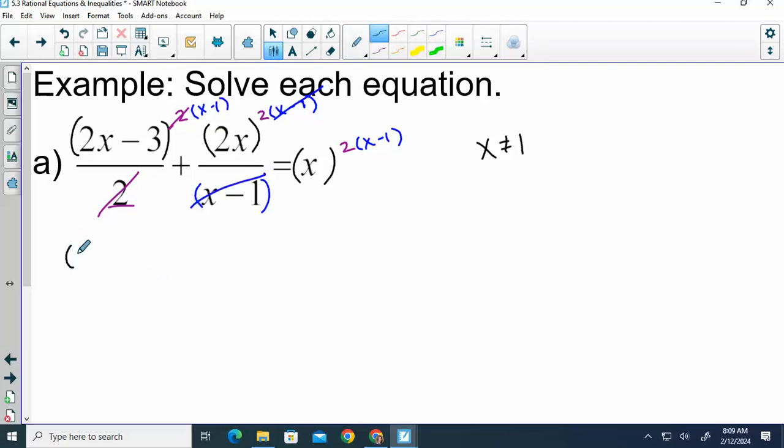So what I'm left with is 2x minus 3 times x minus 1. A 2x times 2. And over here, we have a 2x times an x minus 1.